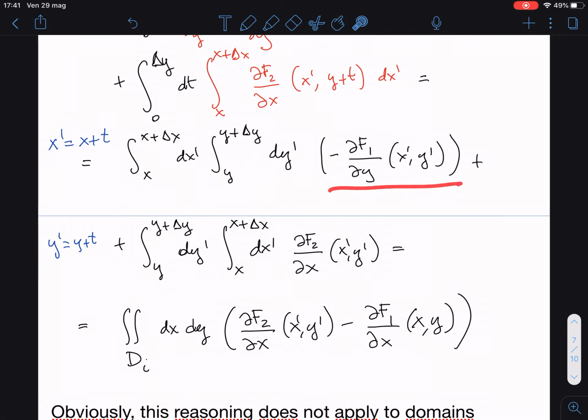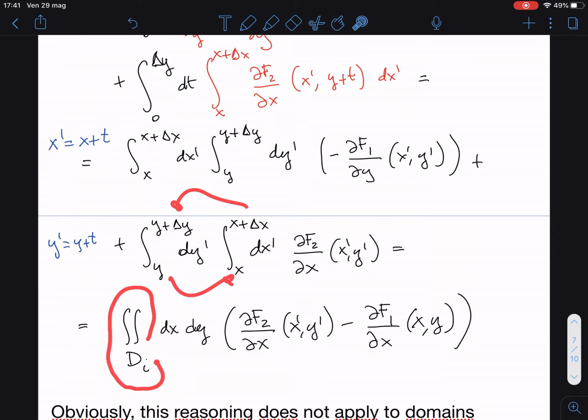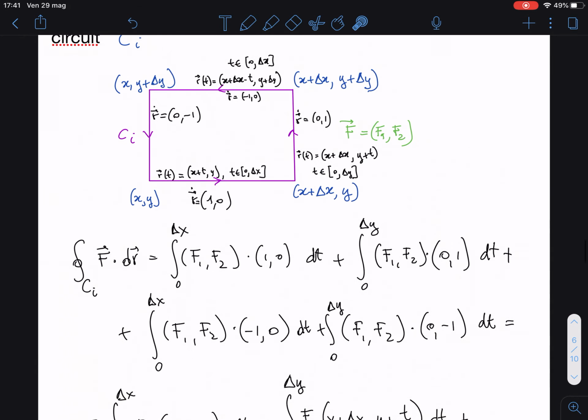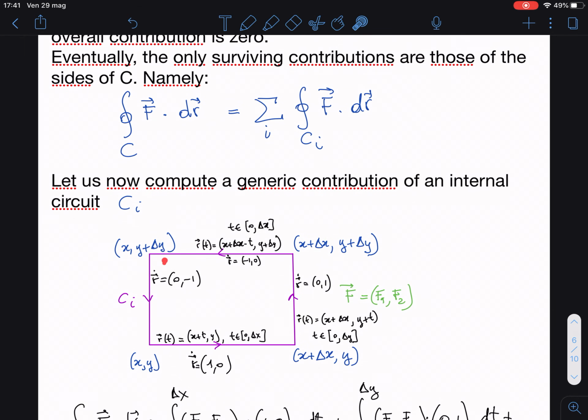The regularity of the field we suppose is sufficient to do that, so we are completely safe. We can change the order of the integral, or we can write both integrals in a very simple way as a double integral on the two-dimensional domain Di, which is nothing but the interior of the rectangle. This is Di, which is the interior of the curve Ci. Very easy.